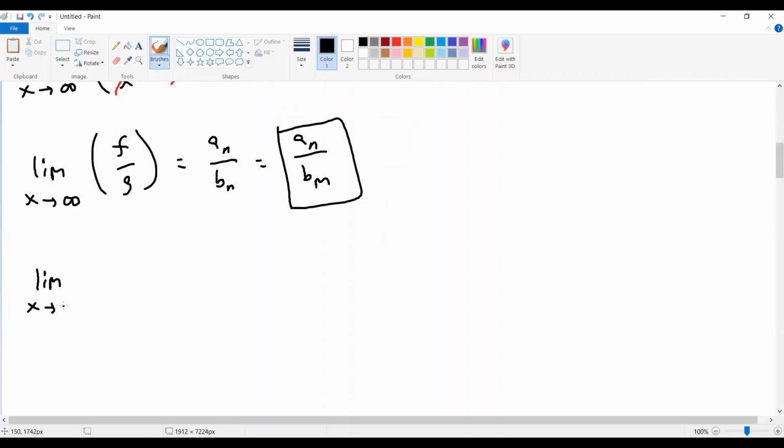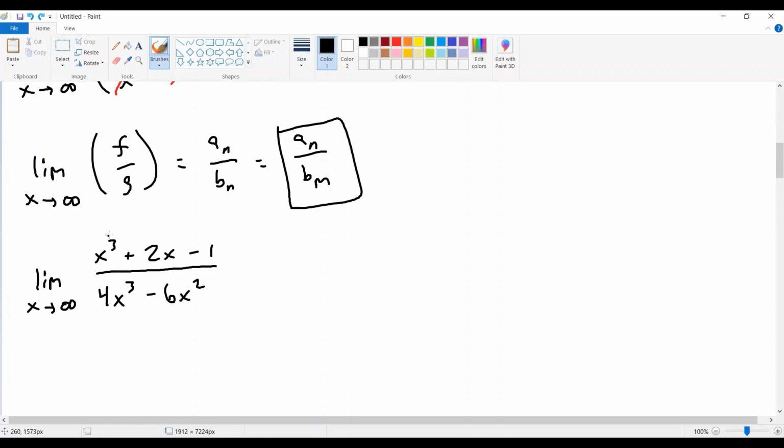So limit as x approaches infinity of, say, x cubed plus 2x minus 1 over, let's do, 4x cubed minus 6x squared. If you were given this limit, all you have to do is say, okay, well, the numerator is a polynomial, and the denominator is also a polynomial.